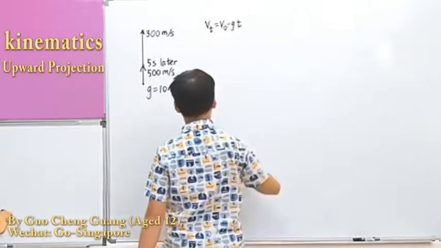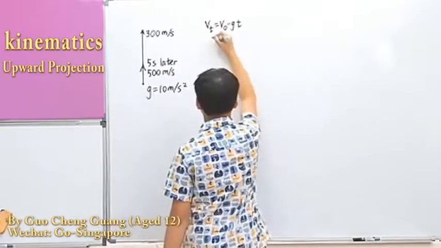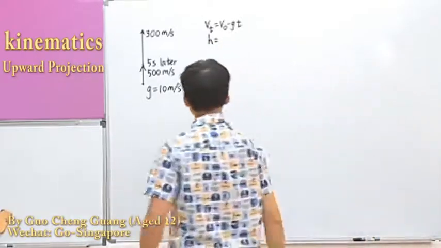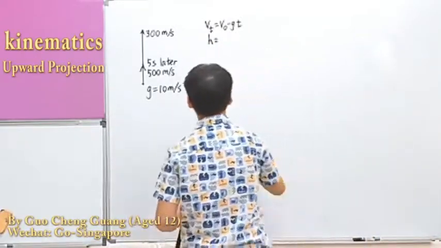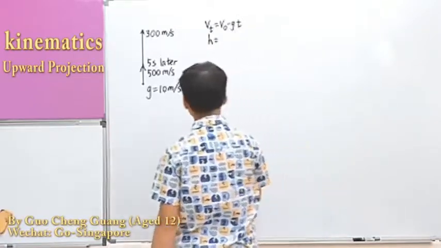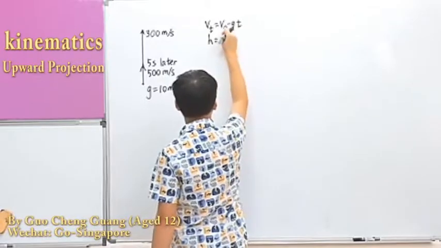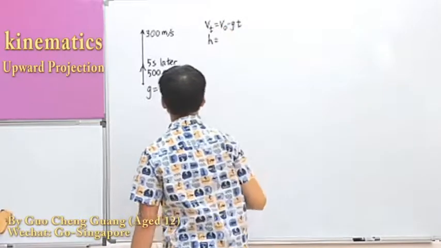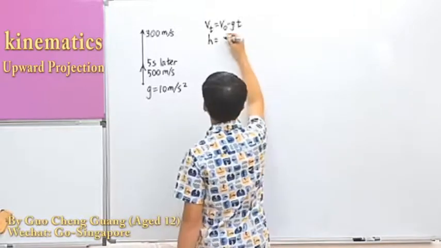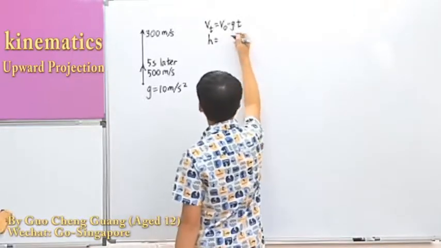The next one is about the displacement, h. Here we do have an initial velocity, and this terminal or final velocity, whatever you call it.